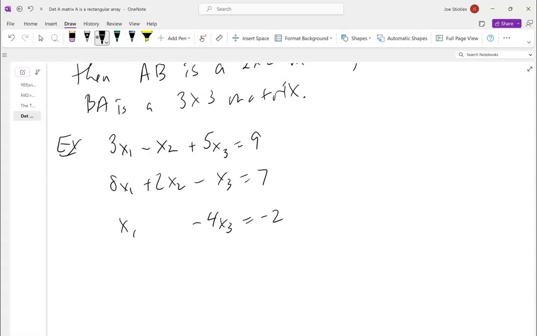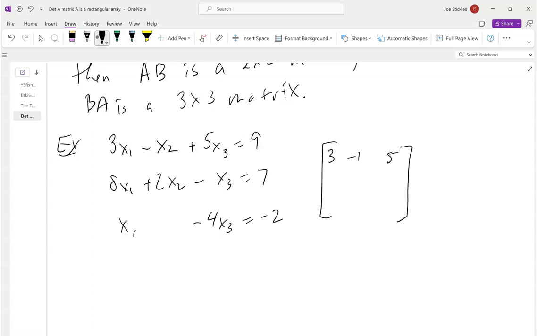We've already talked about how to write this as an augmented matrix, where we have the coefficients from the variables and then augment the constant pieces, right? But we can also write this as a matrix equation in a similar fashion. We're going to take our matrix of coefficients.